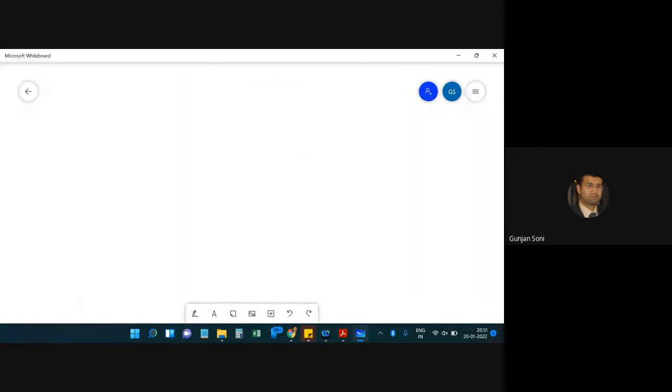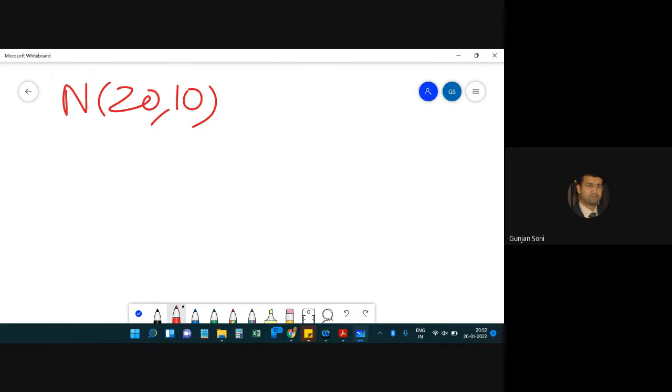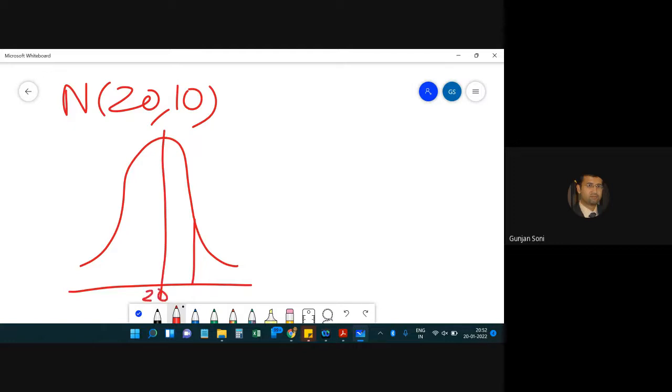It is somewhat reverse. The battery life of a certain product is normally distributed with mean 20, and this is the population mean, and the standard deviation is given. Guarantee: average battery life in case of 24 units exceeds 16 hours. So 24 samples are taken. This is 20 over here, and this is 16 over here.